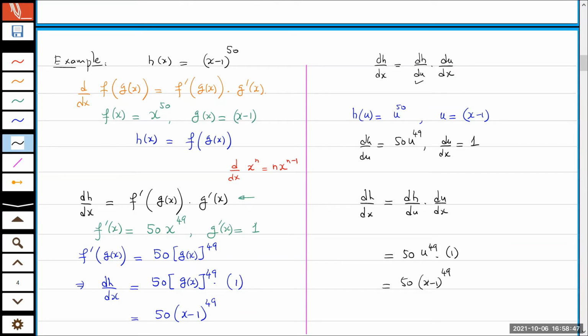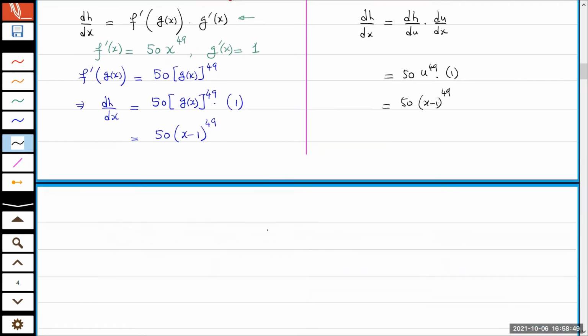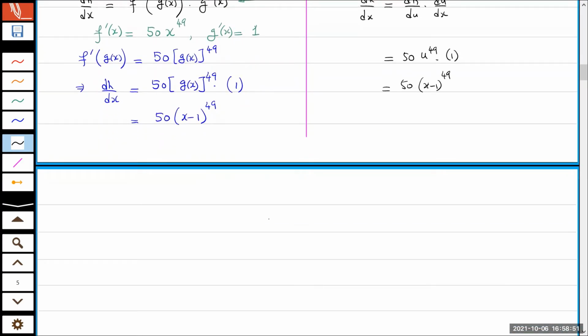Now, using this, we can write a rule in general. We can say, for example, that the derivative of a function of x to the power n, previously we had it as x to the power n, would be equal to n u of x to the n minus 1.